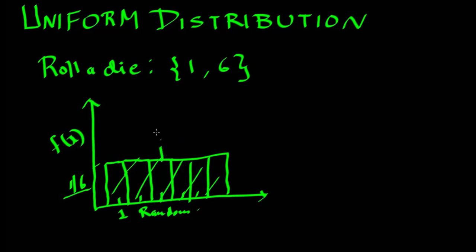Both will be the same for uniform distribution, and the area under the curve, this rectangular area that you can see, is equal to 1, because each occurrence has a probability of 1 by 6. That means 6 times 1 by 6 is 1. So just like in any other distribution, the area under the curve will be 1.